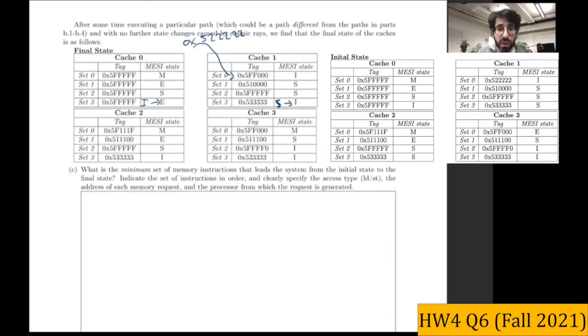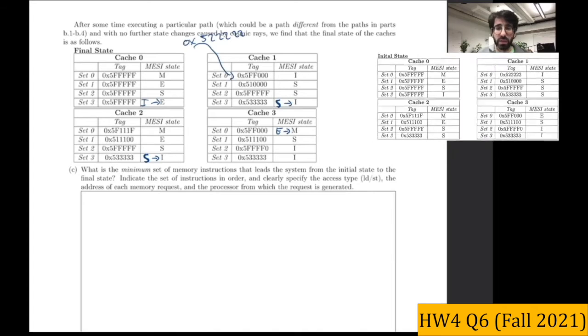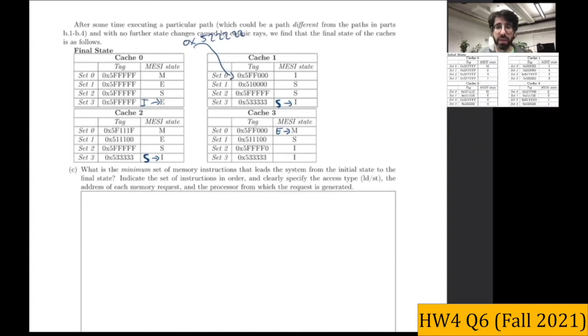In cache 2, previously we had a shared state in set 3 and the same tags in the sets. In cache 3, previously we had exclusive state in set 0. I think those are all the differences.